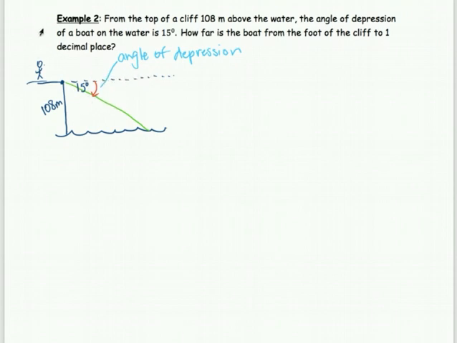And there's a boat here. Let's put our boat here. Sorry, I'll move that green line back. Draw our boat in. Again, that green line should have been straight. Let's put our boat right here. We want to know how far the boat is from the foot of the cliff.